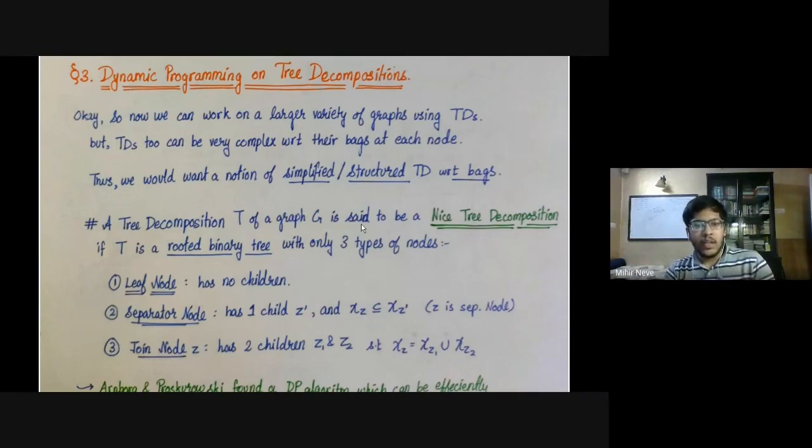The vertices of G can be there in many nodes of this tree decomposition, and it is somewhat complex in general. So doing a dynamic programming on a tree decomposition to get a result about the actual graph is not very trivial, and this needs an approach that is different from the usual dynamic programming we do.